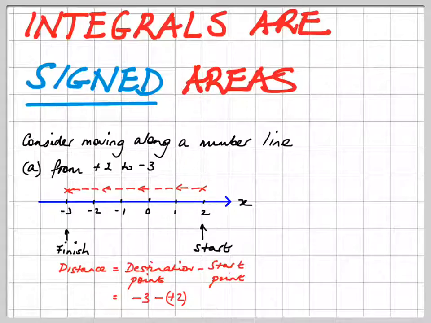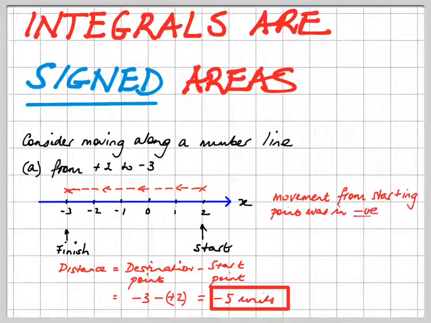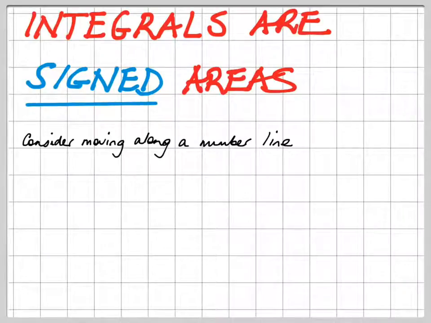And that, ladies and gentlemen, is negative 5 units. And you can see that it's negative 5 units because you can see it's going in the negative direction. The movement from the starting point was in the negative direction to get to the destination, so the distance was negative.